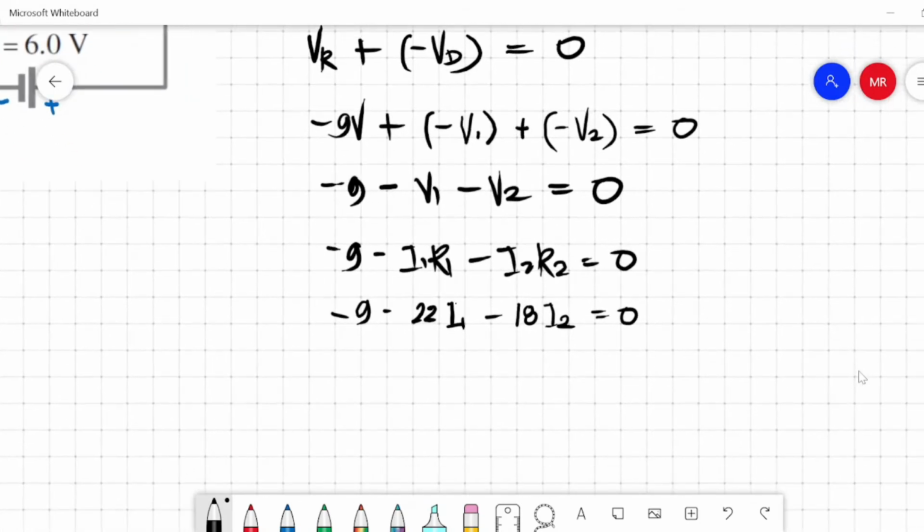Simplifying more, we'll have negative 22 I1 minus 18 I2 equals 9.